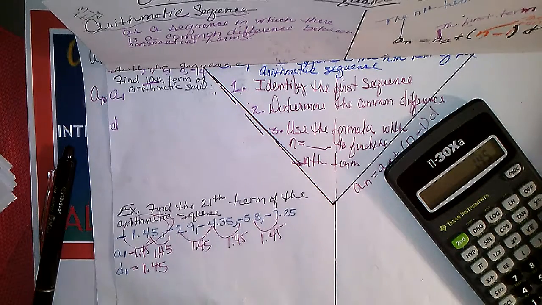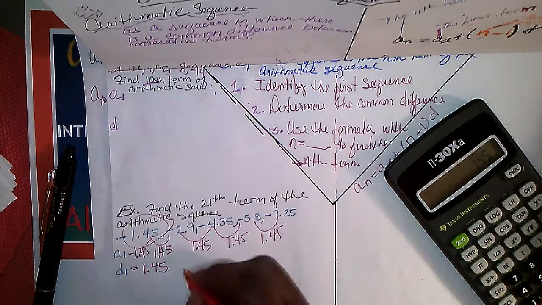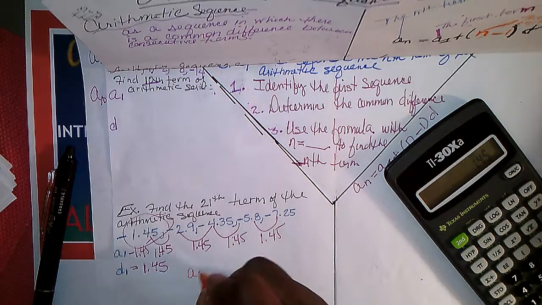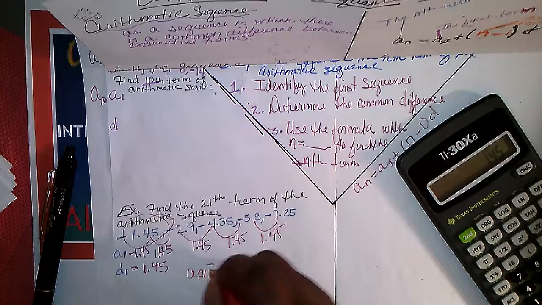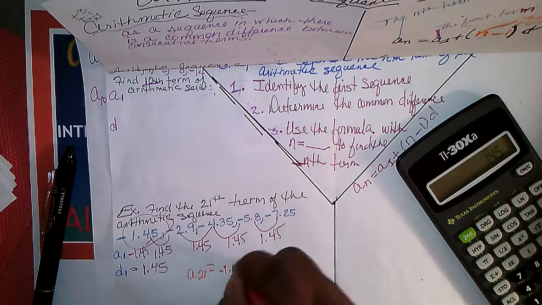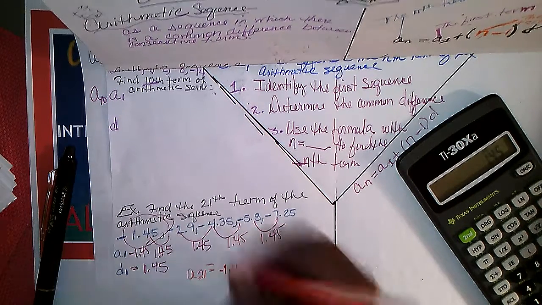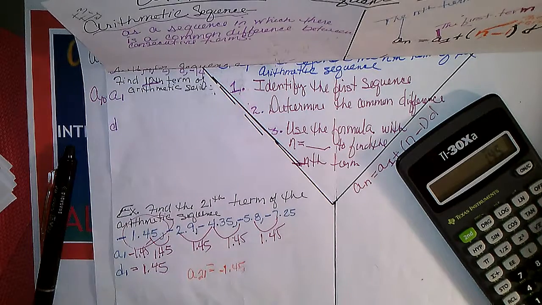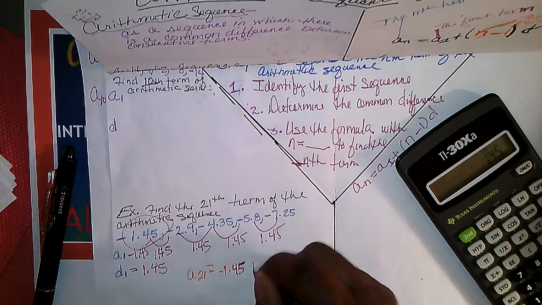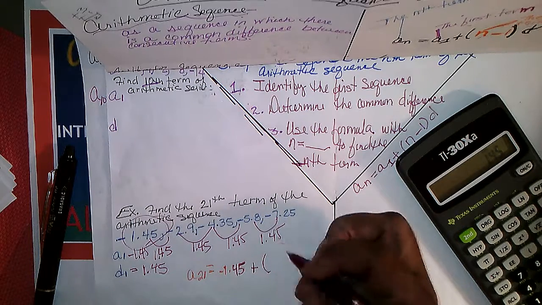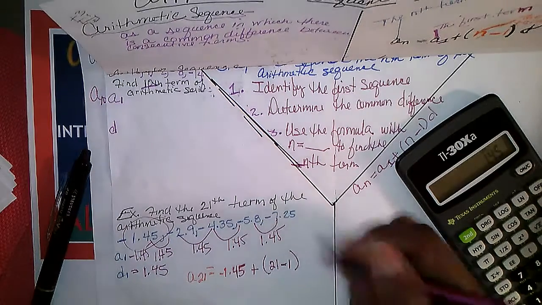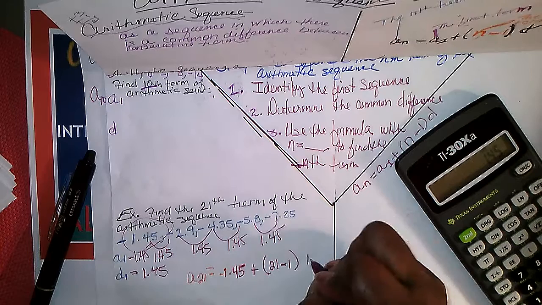So it's going to be a_21 equals a_1, which is negative 1.45, plus n, where n is 21, minus 1, and d is 1.45.